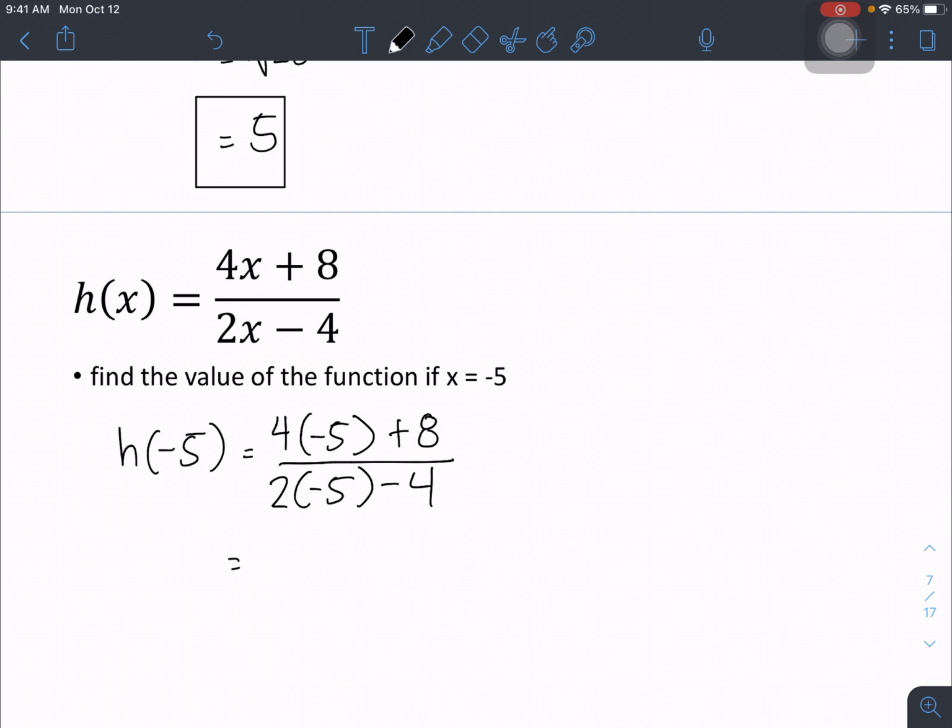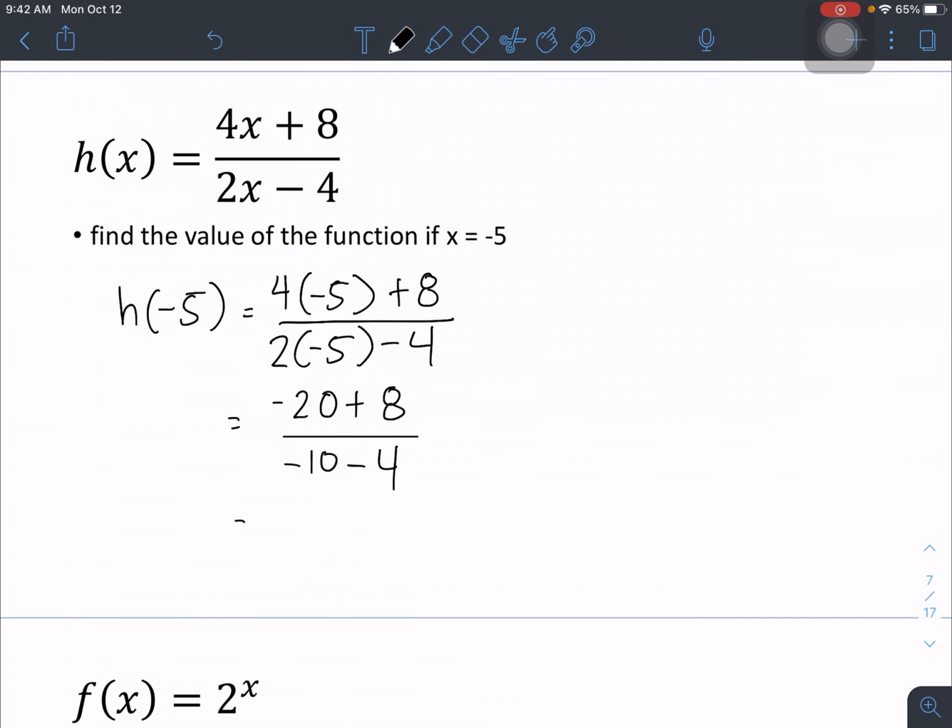So 4 times negative 5 is equal to negative 20, plus 8. 2 times negative 5 is equal to negative 10, minus 4. So negative 20 plus 8 will be negative 12. Negative 10 minus 4 will be negative 14. So the answer will be 6 over 7.